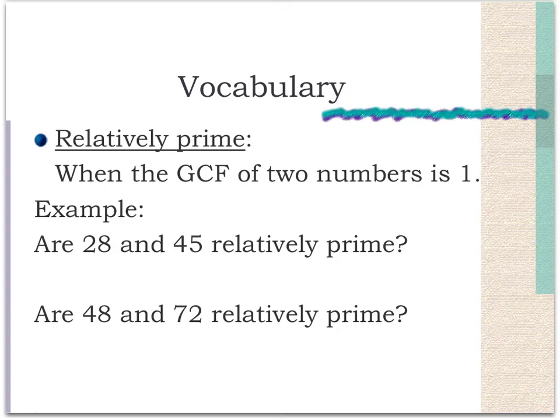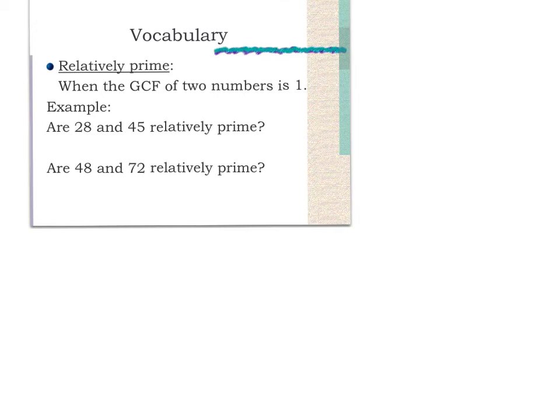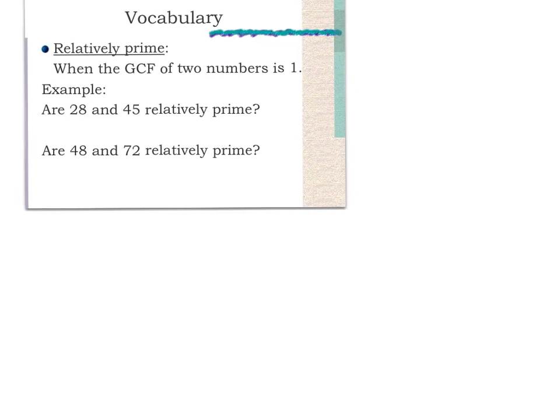So I'm going to quickly shrink this down so I have room to work. So I'm going to try 28 and 45. I'm going to use my ladder method.